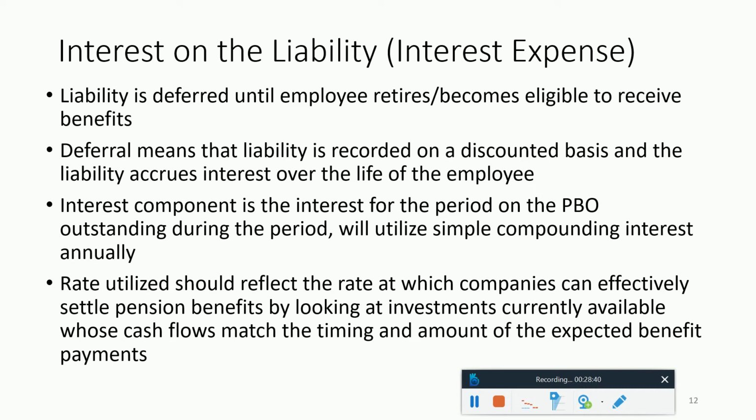The interest component of pension expense is based upon a simple formula, and that is taking the beginning balance of the PBO, so the balance on 1/1 of whatever year, multiplied by the settlement rate.